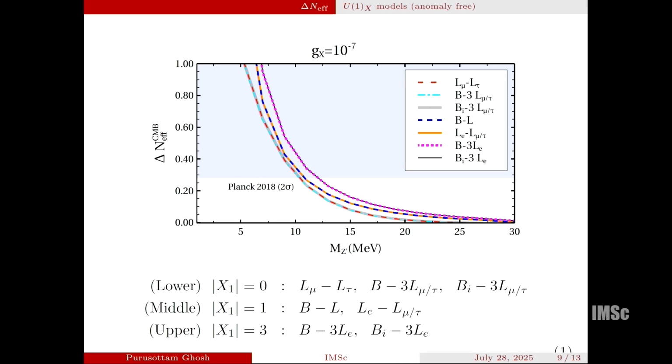The lower one corresponds to x1 equal to 0, the middle one corresponds to x1 equal to 1, and the upper one corresponds to x1 equal to 3, and these are the corresponding U1x scenarios. For a given Z prime mass, if you go from lower to upper, the x1 value increases, that means the effective coupling x1 times gx increases, and therefore the N effective also increases.